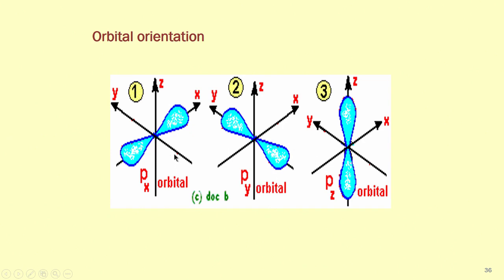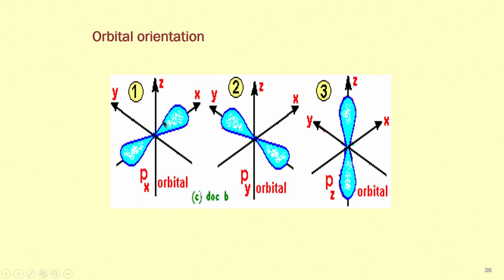Each orbital can have 2 electrons filling in it. So, one may be here, one may be here. Here I am showing that the space is defined like this, but the electron density is defined by white dots here. If you look closely, you should be able to see them around here.